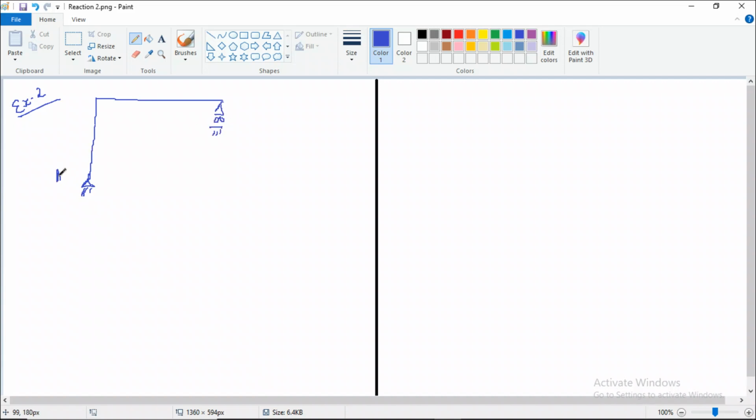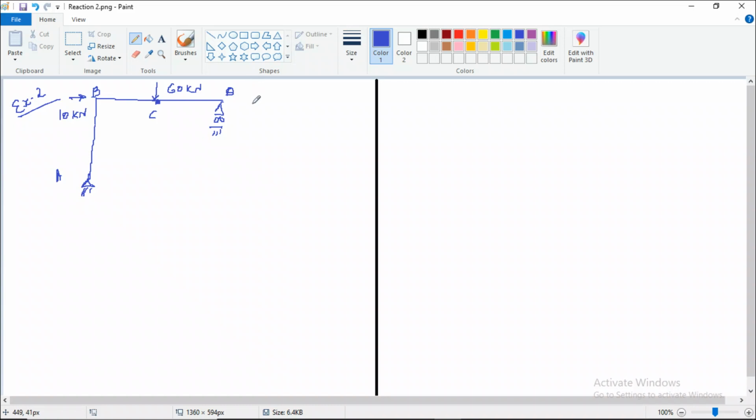This is point A, this is point B, and this is point C. So here there is a horizontal force 10 kilonewton, and at one more point C, there is a 60 kilonewton force given. Point loads are given. We need to find out the support reactions.